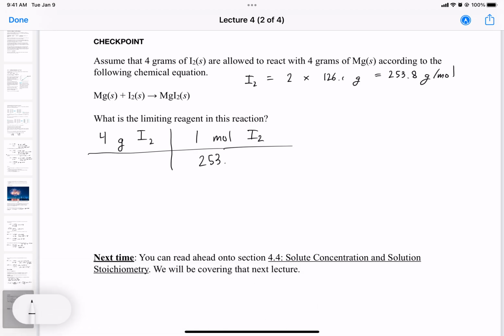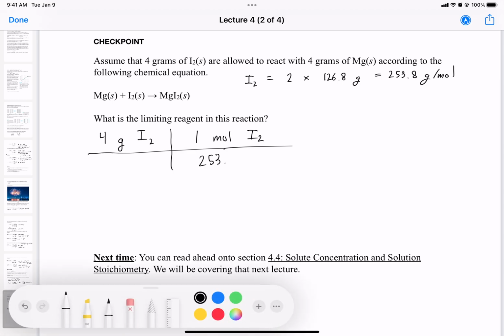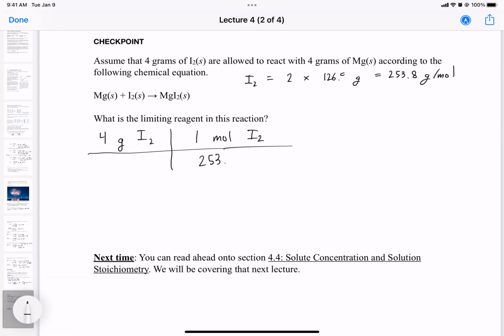That makes more sense. Okay, so 126.9 times 2. And we get that 253.8 grams per mole of iodine.